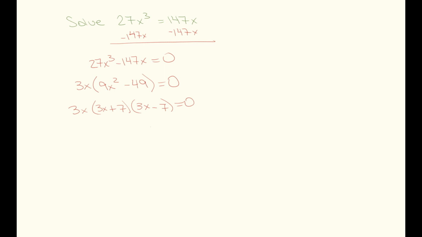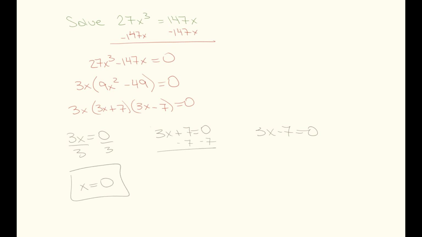Now, if all I was doing was factoring, this would be it, but I'm not, I'm solving. So I set up each of these equal to 0 and solve individually. If I divide by 3, I would get x equals 0 right here.